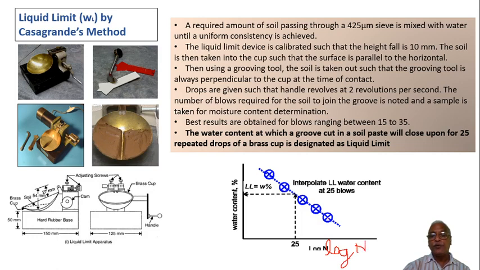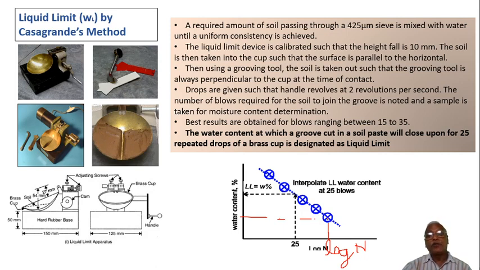A point over here represents n, the number of drops required, and the corresponding water content. So that is the idea. When you test with a particular water content, you will have n, the number of drops required for closing the groove, and the corresponding water content, so you will get one point in the graph.